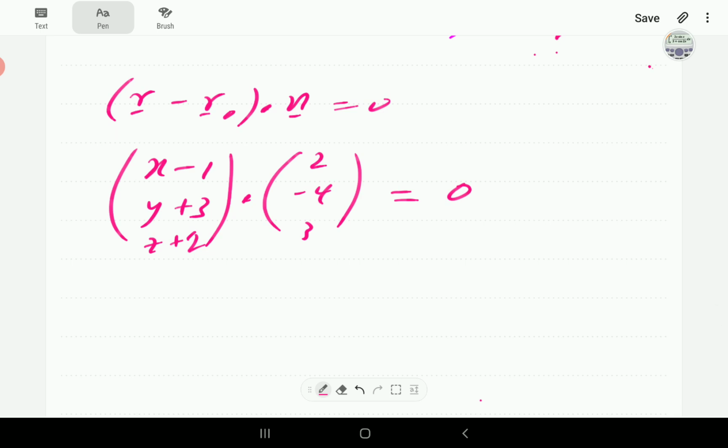If we work this out, it's going to give us 2x minus 4y plus 3z is equal to 8.